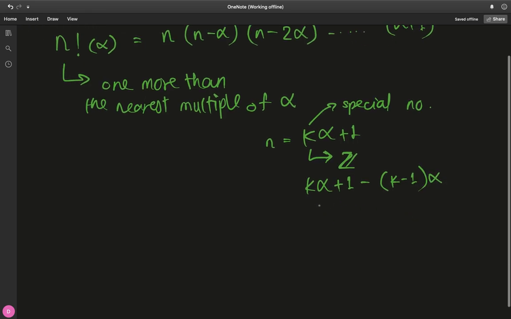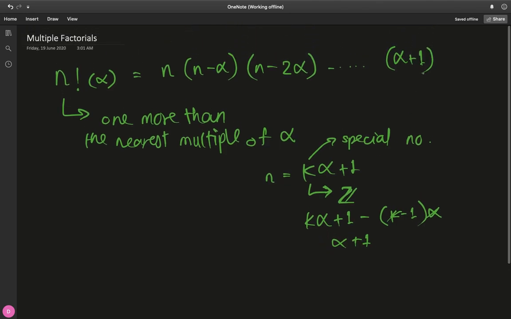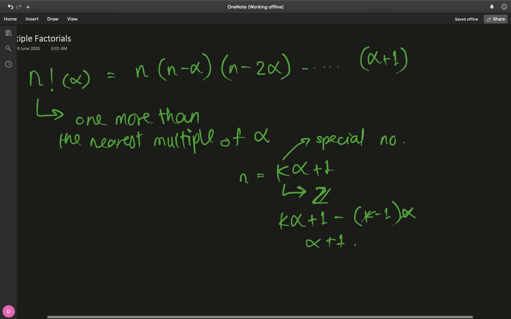So you're going to be left with, well, the k alphas are going to cancel out and we have just the alpha and this 1. So you're going to end up with alpha plus 1, and then if you reduce alpha plus 1 again with an alpha, you end up with 1, and that's where you end the multiple factorial.